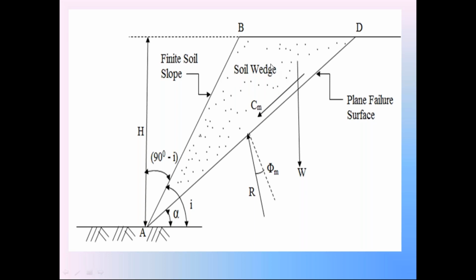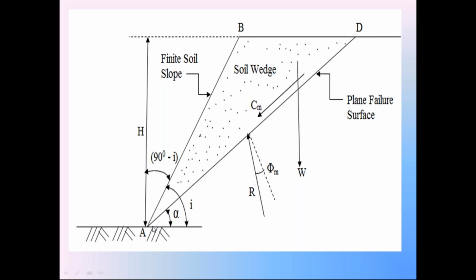That is the volume of the soil wedge. So first we are going to find out the area of this soil wedge ABD, which is equal to the area of triangle ABD.